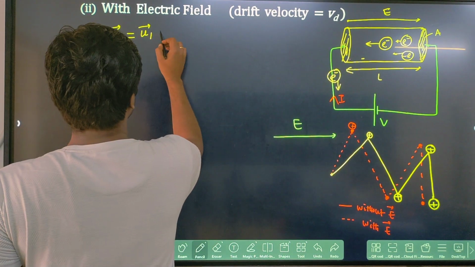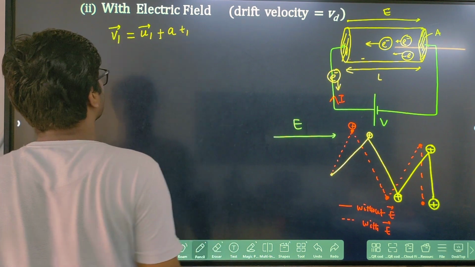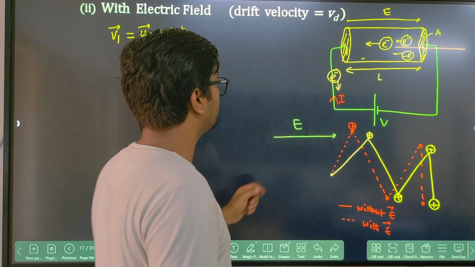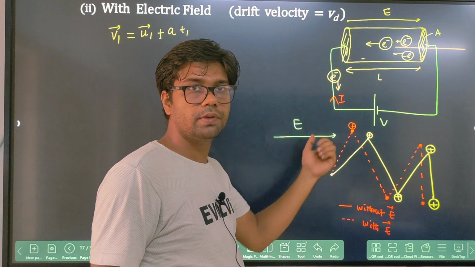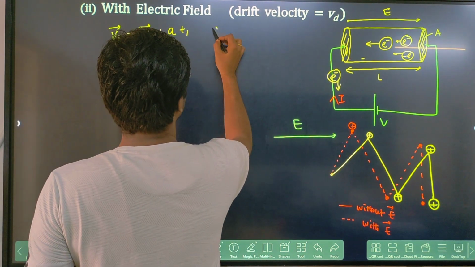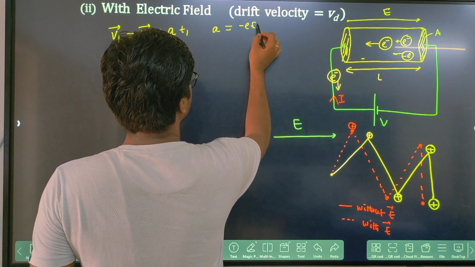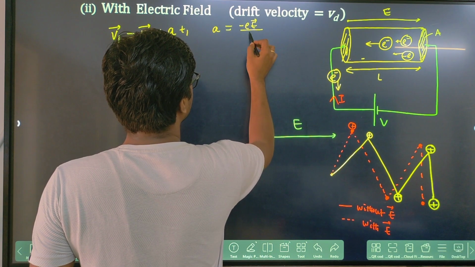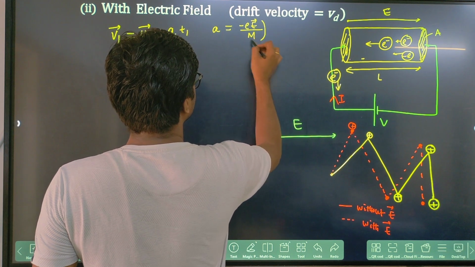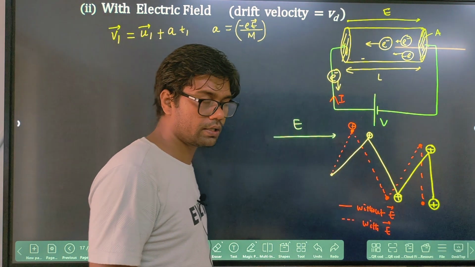So V1 is U1 plus acceleration times T1. Now because of this electric field there will be an acceleration, and the acceleration will be minus E divided by m, where m is the mass of the electron. Clear?